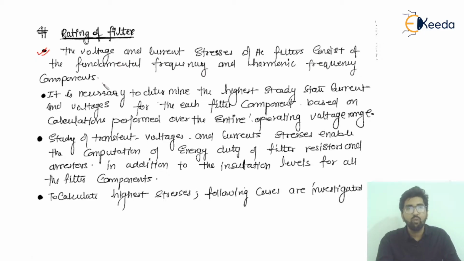Fundamental frequency we have already discussed, that is omega. The harmonic frequency is omega h, or you can say omega r, that is a resonance frequency, where we have also used the variable h. So it will have the fundamental frequency, along with the harmonic frequency components.